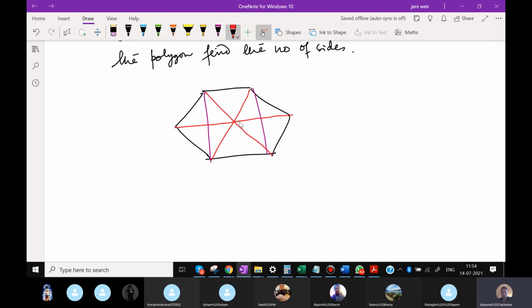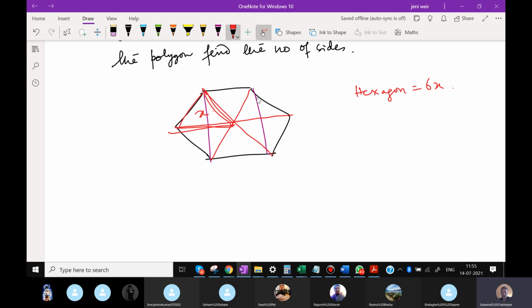Because it's a hexagon, there will be 6 triangles of equal area that will exist in this, right? So if I consider the area of each of these triangles as x, then the area of the hexagon will be 6x.